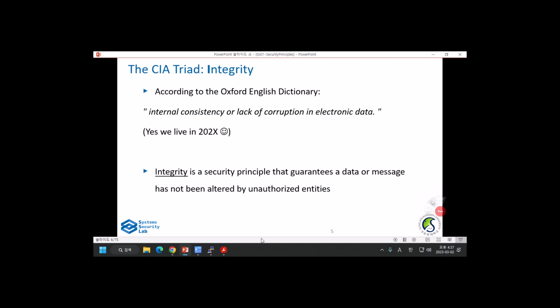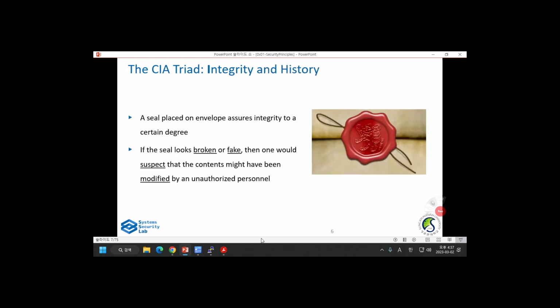Historically, people have tried to maintain integrity of their messages through one of these seals on the letter envelopes, right? At the time, common people did not have the technology to counterfeit this type of complex symbol.